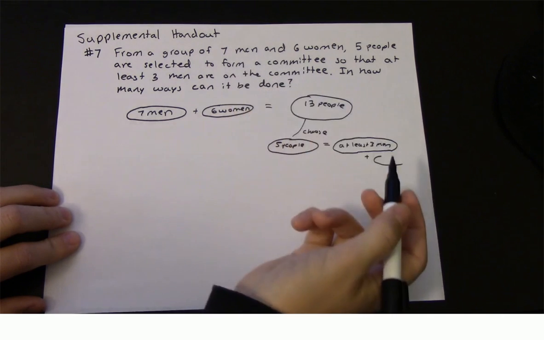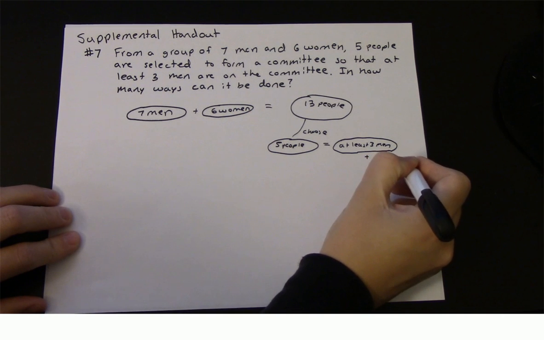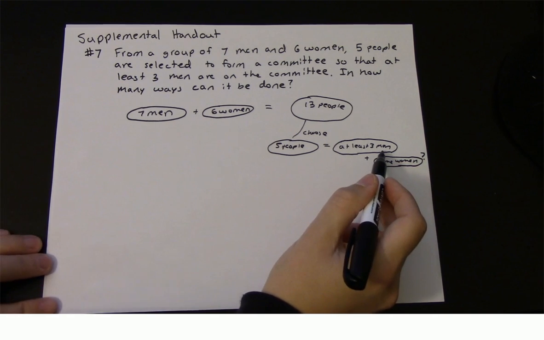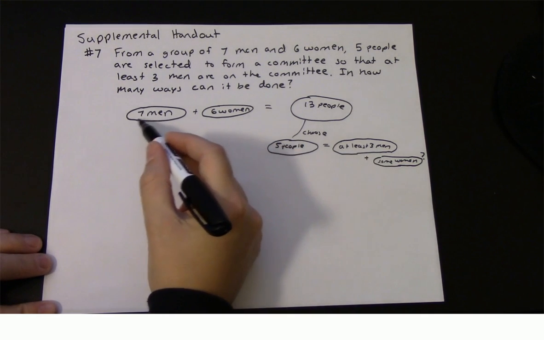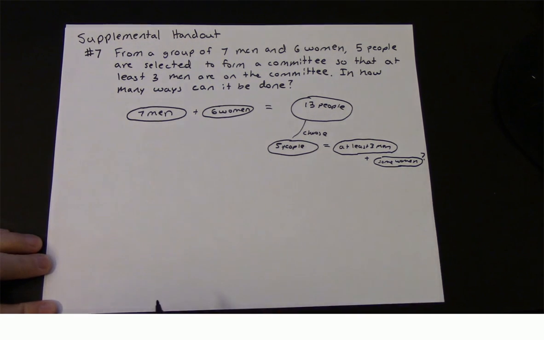I mean, we could have all men. It need not have any women, because at least 3 men, it could be that 5 men are selected. We're only choosing 5 people.